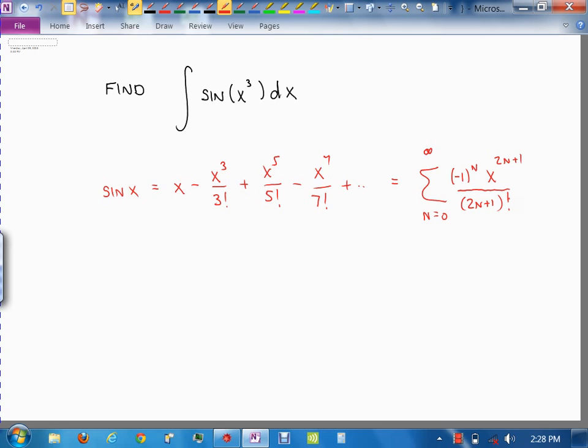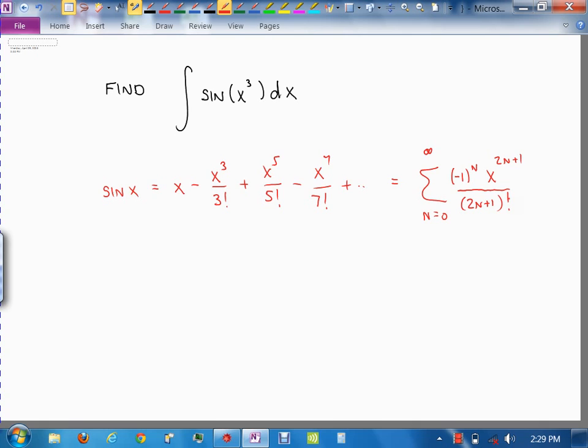That is the Maclaurin series for sine because it's about a equals 0. So if you have sine of something, this is how you can expand it.